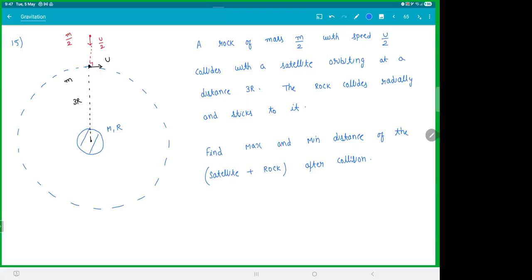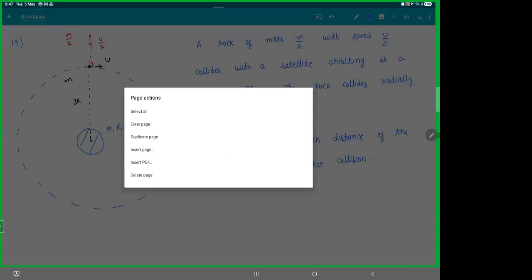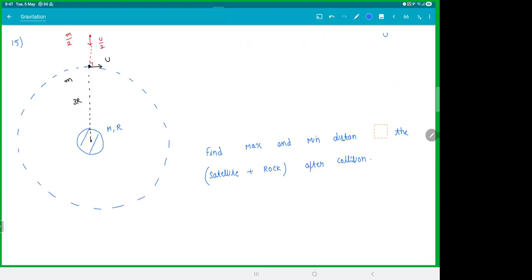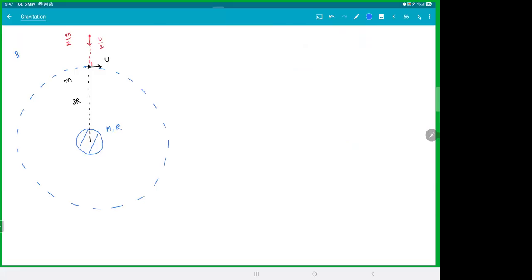Okay. So let's see this. Can I conserve energy just before and just after collision? No, because they're sticking. So it is a perfectly inelastic collision. So this is the scenario before collision. After collision, the picture will look like this.